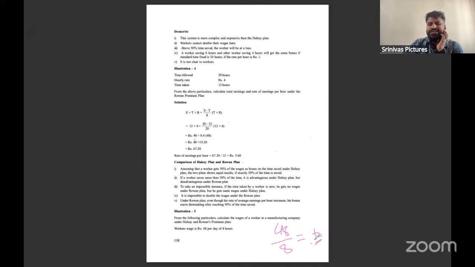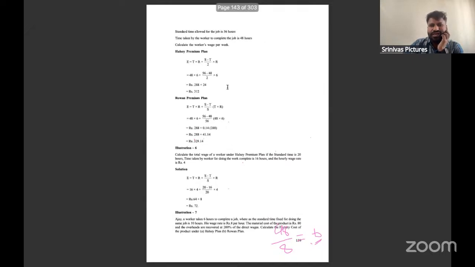So if you take the 6 rupees per hour for 8 hours, 48 rupees you are going to receive. Is it clear? So here already they given 6 rupees per hour. So time taken how many hours? 48 hours, 6 rupees per hour. This 6 I calculated like this. And total standard time is equal to how much? 56 allowed hours. Total time taken is equal to 48 hours. So here instead of 50%, here they given half of the hours.